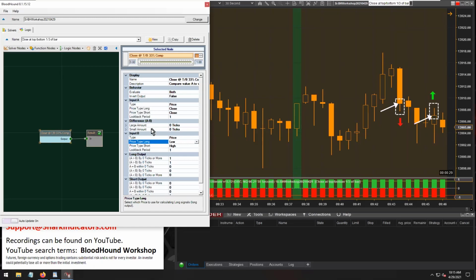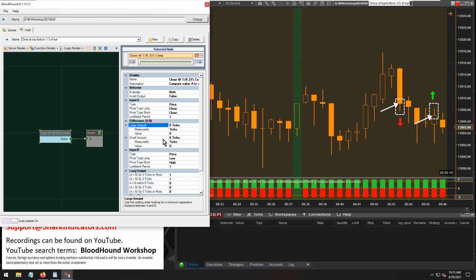So we need to get a few more things done here. The next thing is we need to set up this distance. We're basically doing a workaround, because to determine whether the close is within the top third or the bottom third, that really requires a mathematical formula.